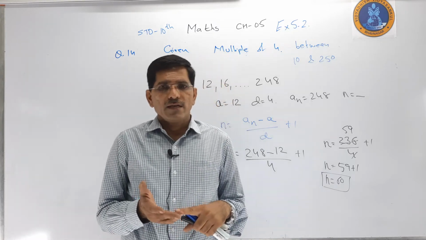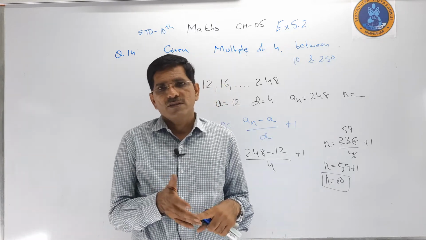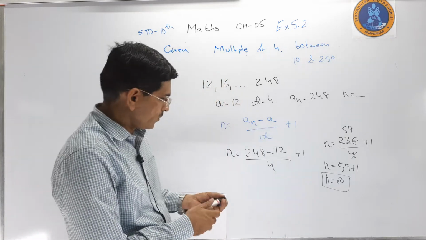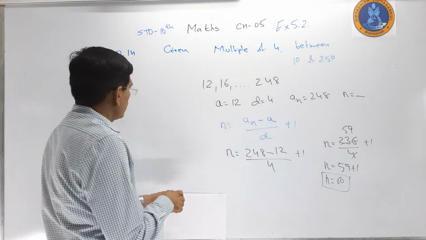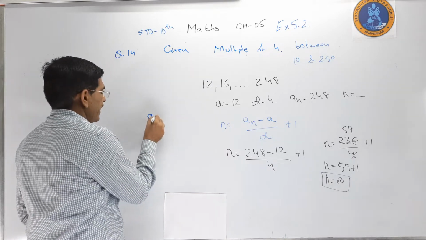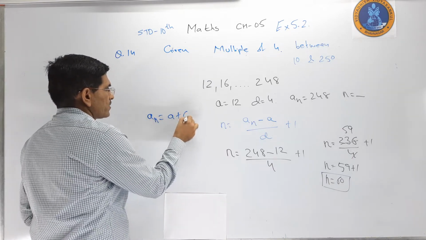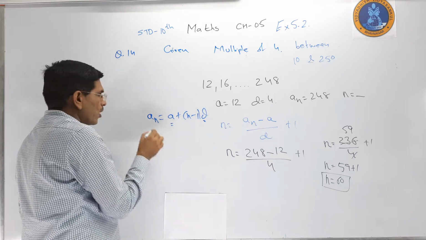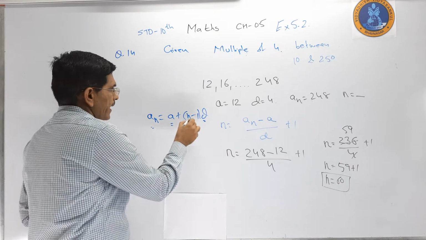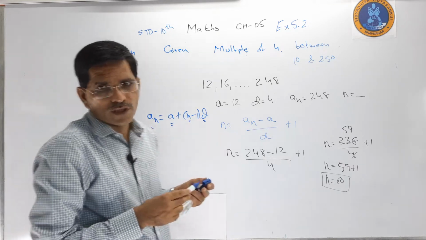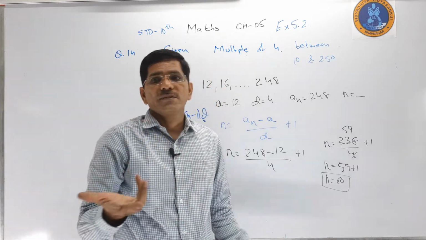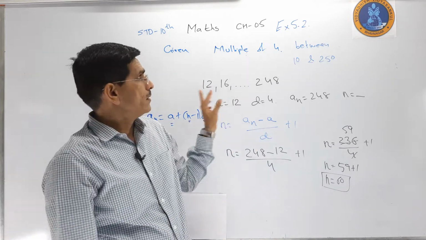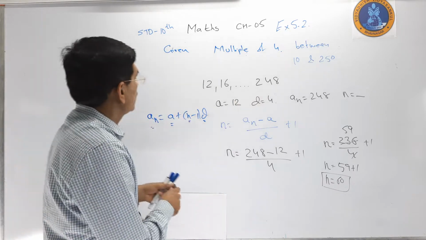Out of these, 3 are given to us and the 4th we have to find out. So again I write the formula: an is equal to a plus (n minus 1) d. a is the initial term, d is the common difference, an is the last term, and n is the number of terms. Out of 4 terms, 3 are given to us and we have to find the 4th.